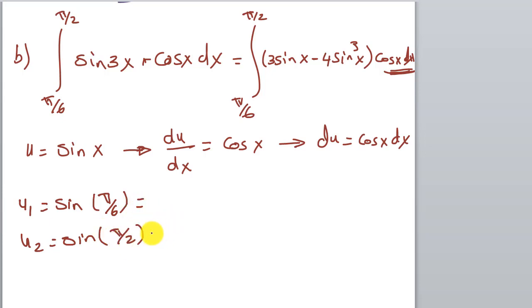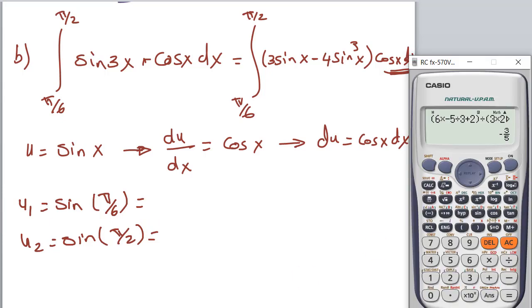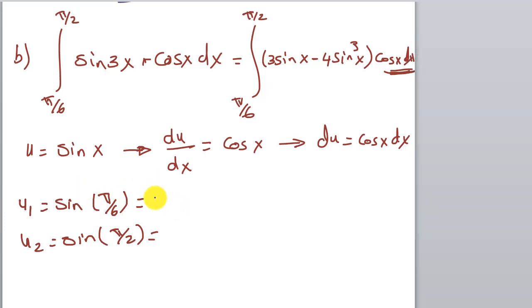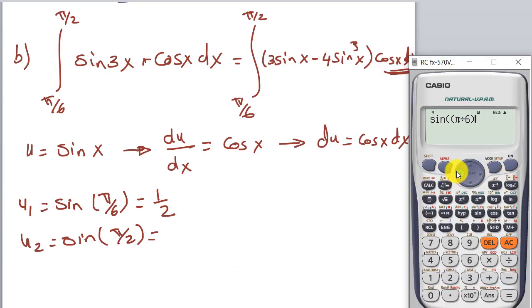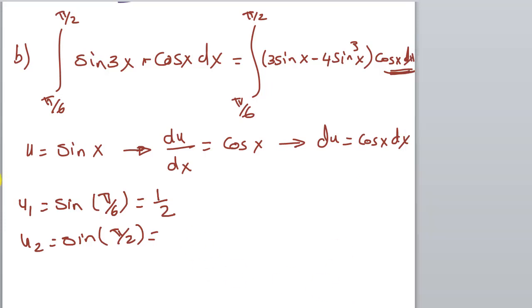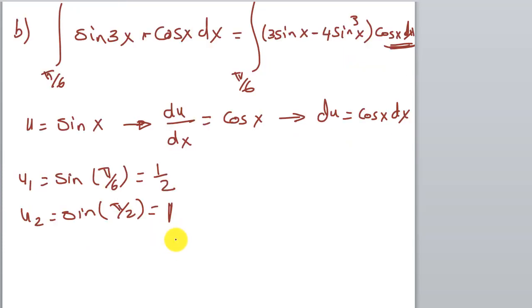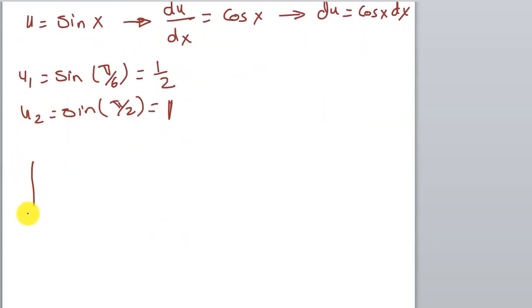Let us find the two values. So sine pi divided by 6 is equal to half, and sine pi divided by 2 is equal to 1. So now I can change the integration. It will be from half to 1.